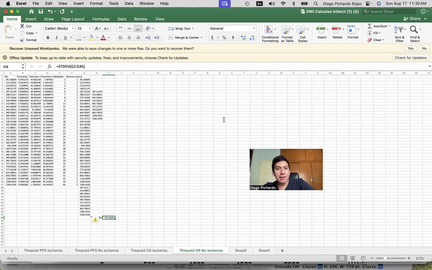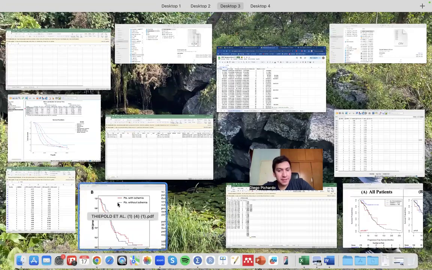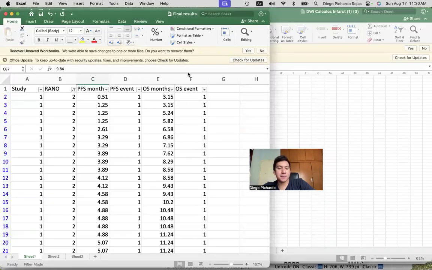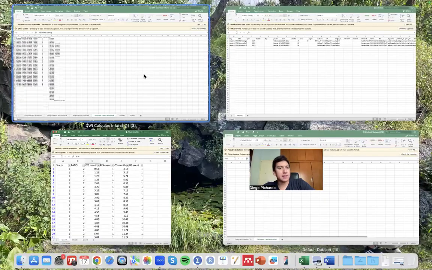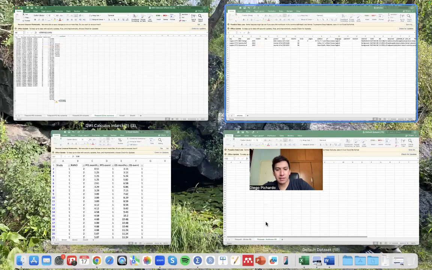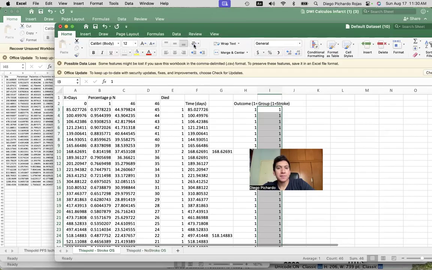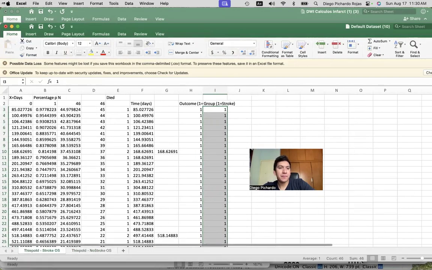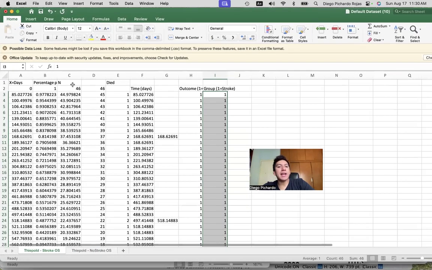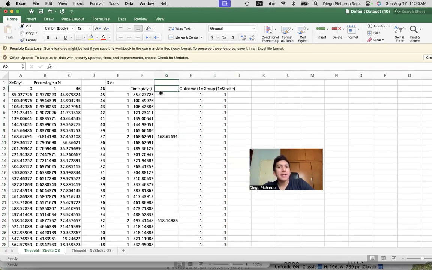Why did you have a different column for the days where two patients died? We do this, wait a second, where did I leave the one that I just did, the one that was the cleanest? The reason I do two different columns is to account for the days that two patients died, and just to make it cleaner.